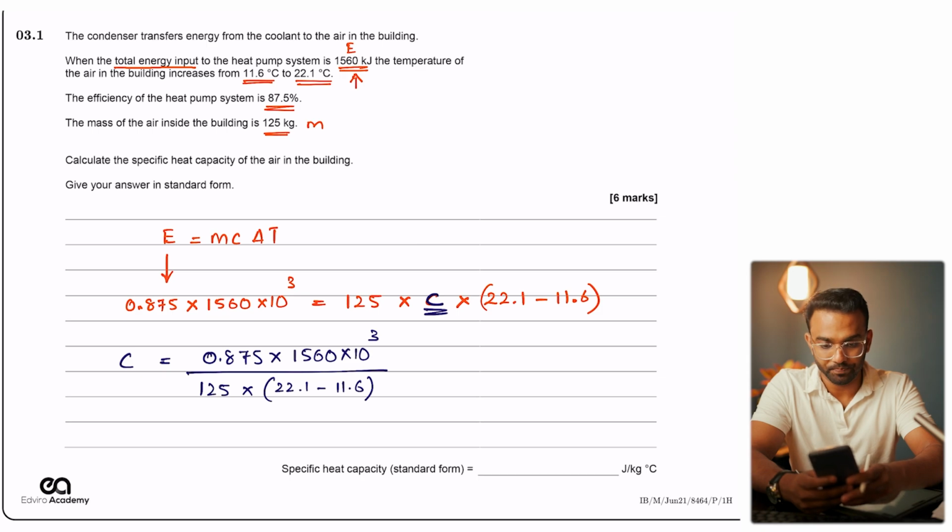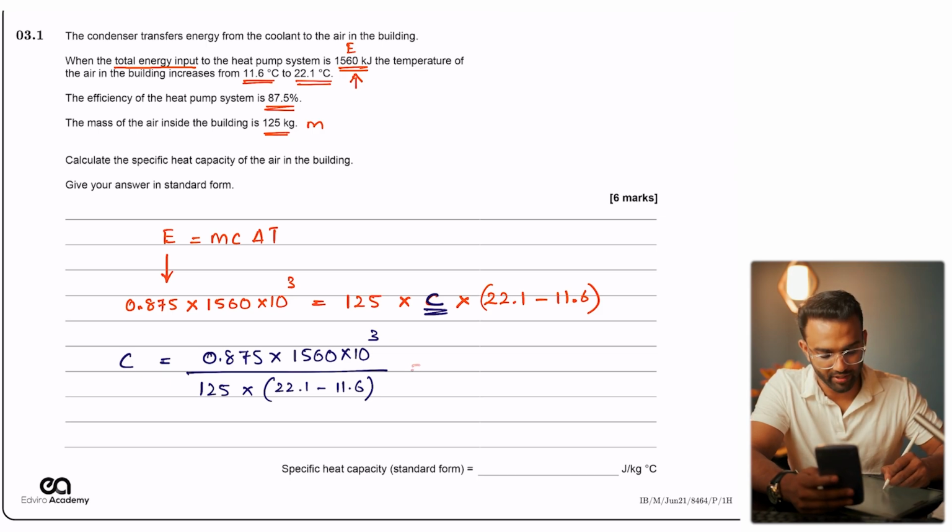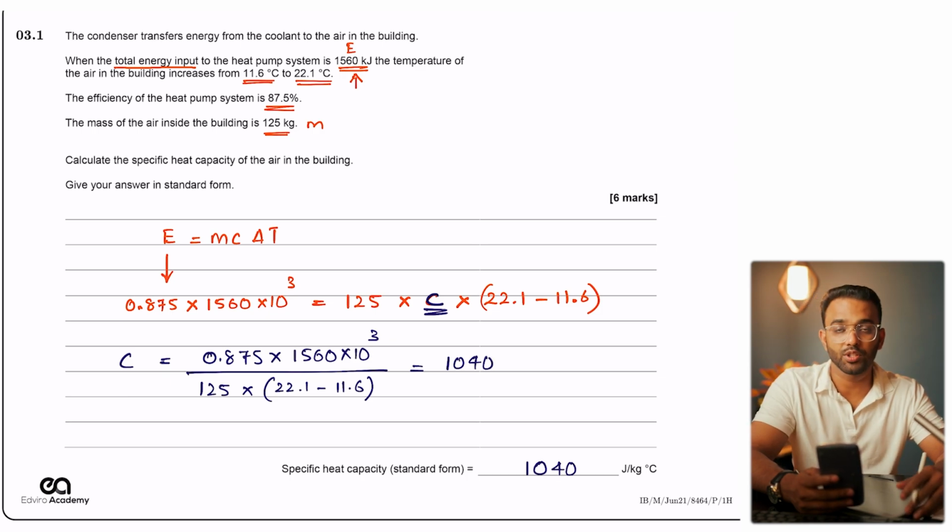So 0.875 times 1560 times 10 to the power of 3. And at the bottom I have 125 times, you need to put a bracket, very important, 22.1 minus 11.6, close the bracket, and I am getting the specific heat capacity to be exactly 1040. Write that value here, 1040, 6 marks with you.